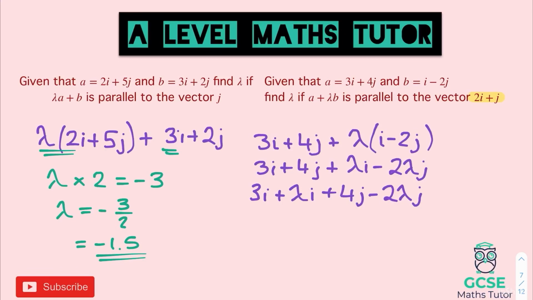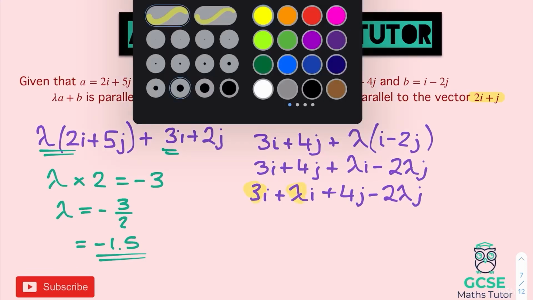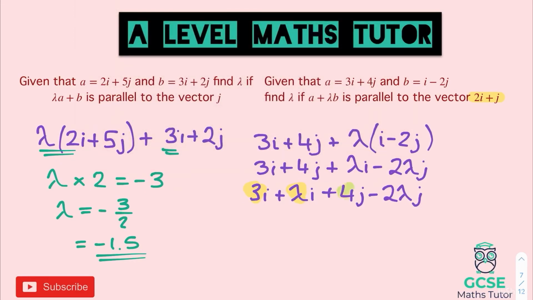So looking at the coefficients, we have 3 plus lambda for the coefficients of i, and for the coefficients of j we have positive 4 and minus 2 lambda. Now just like before, let's set these equal to each other, and then we'll figure out what we need to multiply one of them by. We have 3 plus lambda that we want to be equal to the coefficients of j, which is 4 minus 2 lambda.